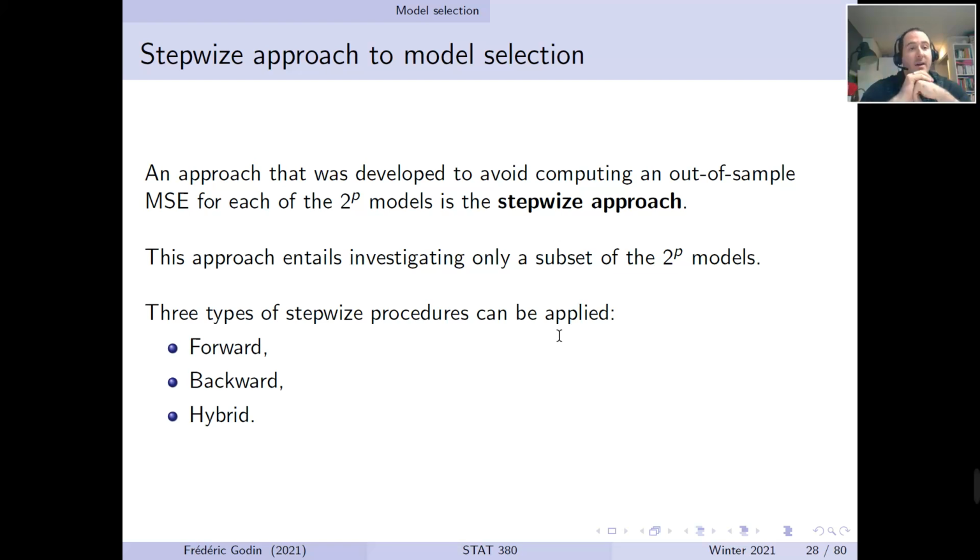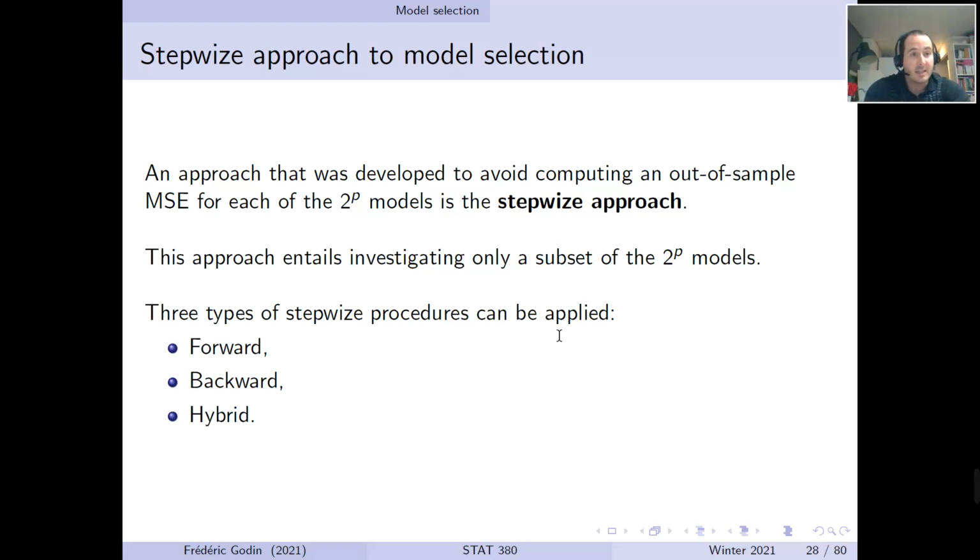So the idea here is, instead of comparing all 2 to the power p combinations, we will have to select a subset of such combinations. Okay, so we cannot try them all, so we'll try a few of them to see how they perform. Okay, but now, how to determine which subset of combinations will we consider?